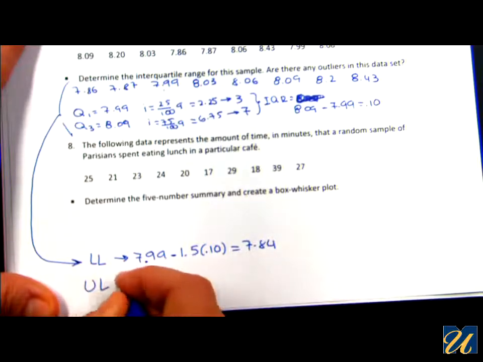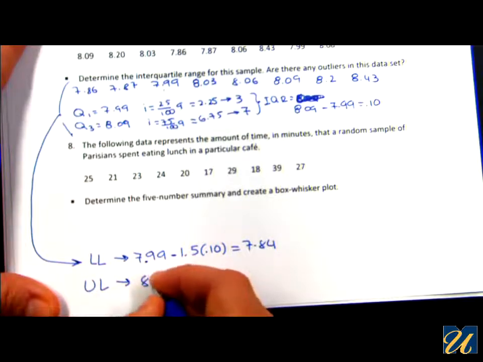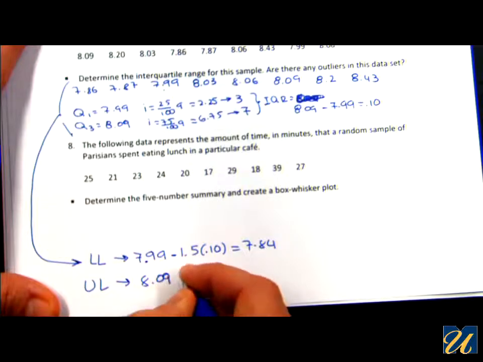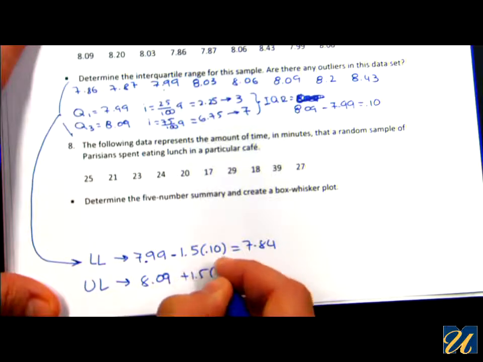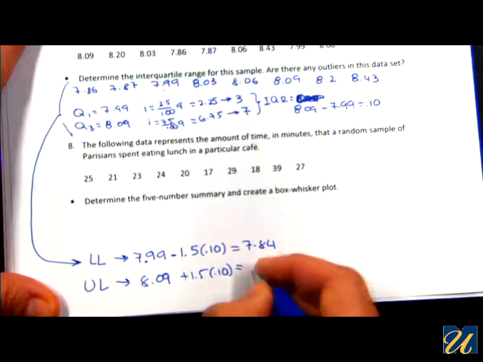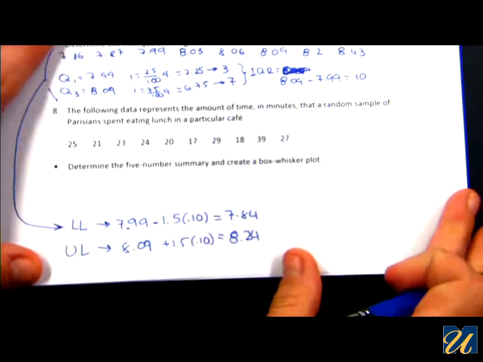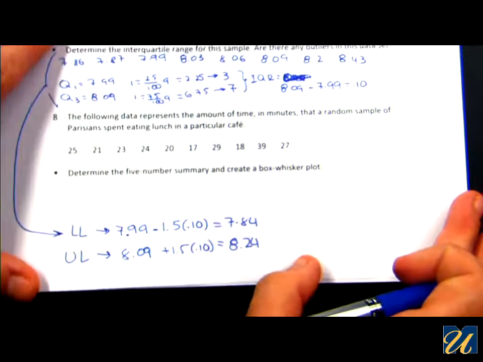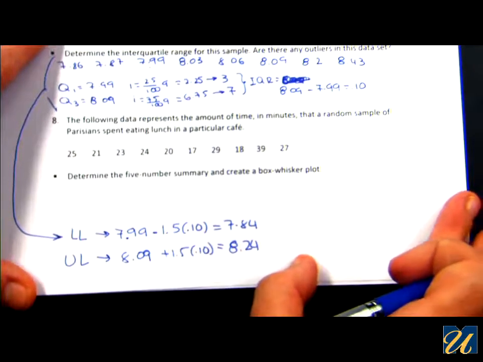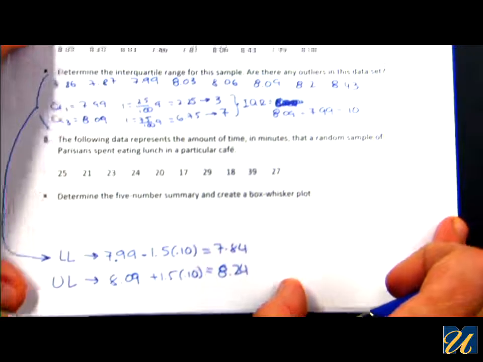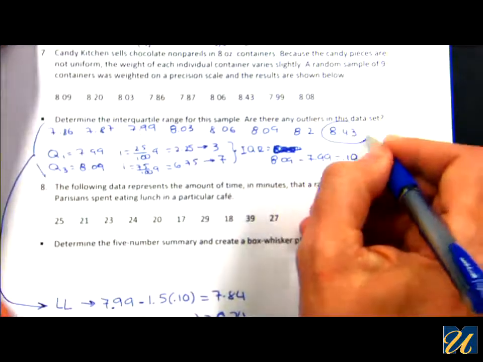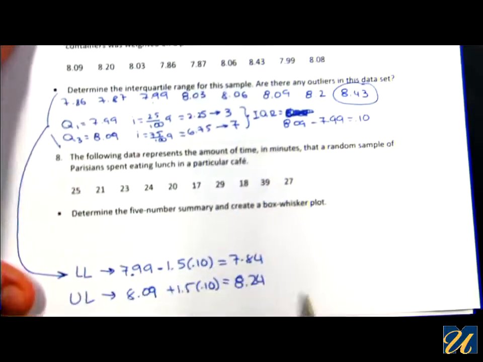And for the upper limit, we would do 8.09 plus 1.5 times 0.1, which would be 8.24. The last observation is greater than the upper limit, so the container that weighs 8.43 would be considered an outlier based on our calculations here.